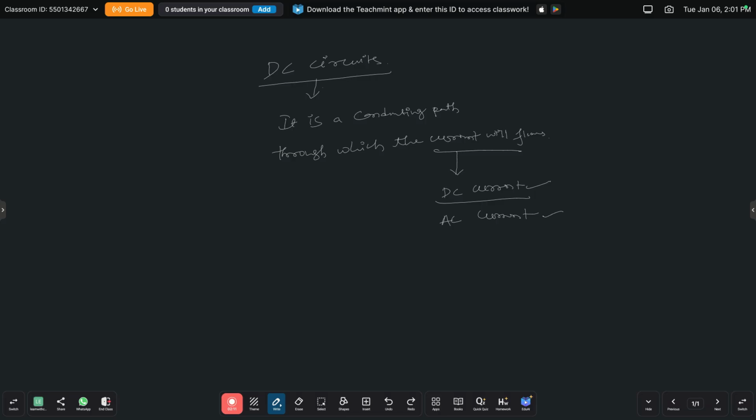The first topic is network elements, and the second is basic circuit elements and different types of sources.